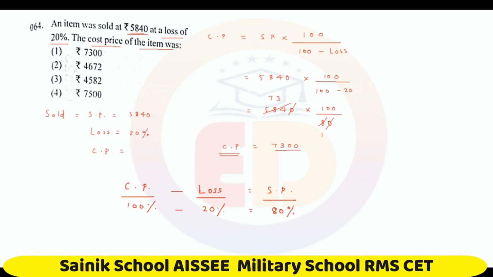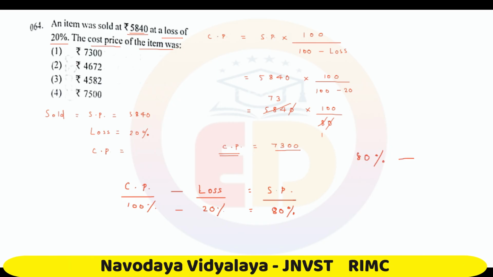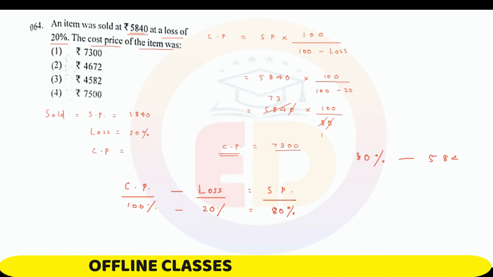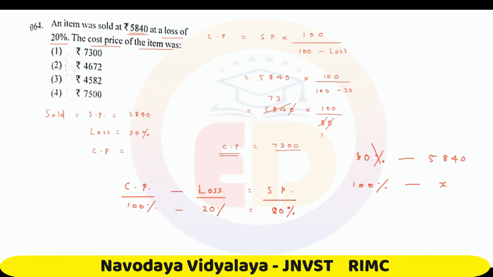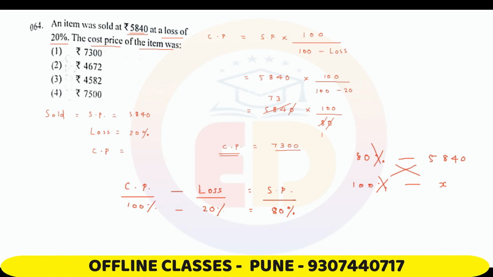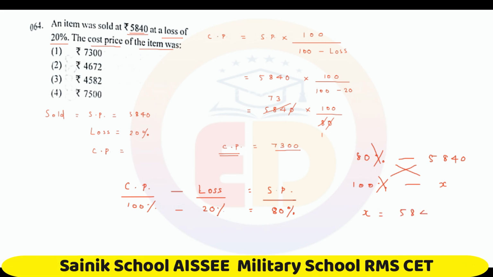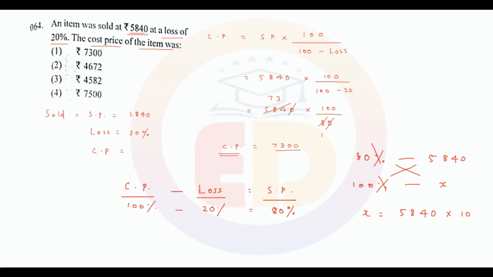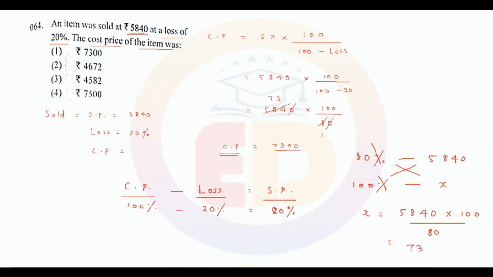So 80% value is actually 5,840. Cancel the percentage symbol, since it will cancel out later, and you can cross multiply. You'll get the same equation. X will be equal to 5,840 multiplied by 100 upon 80. Solving this, you'll get the same answer, 7,300.